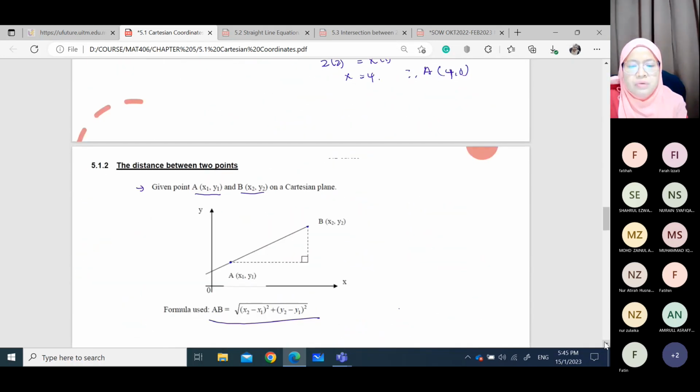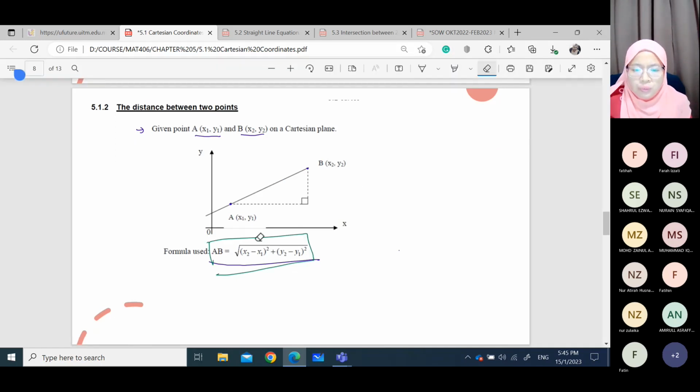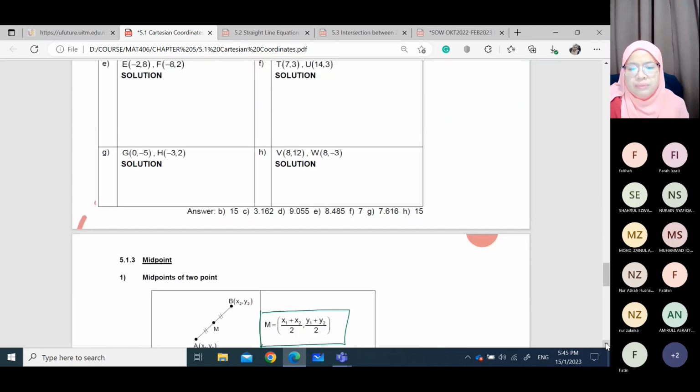Okay. Right, so next, we also have distance. So distance between 2 points, we use this formula, which is AB equivalent with square root of x2 minus x1 to the power of 2 plus y2 minus y1 to the power of 2. So this is the formula for distance between 2 points. So next, we also have a midpoint.